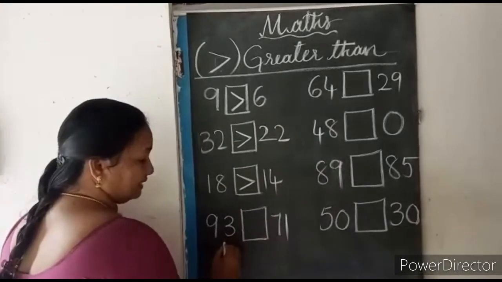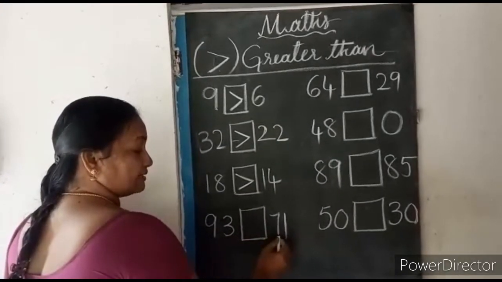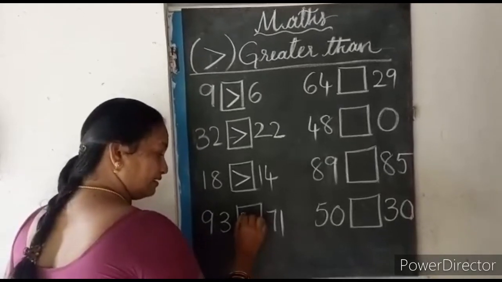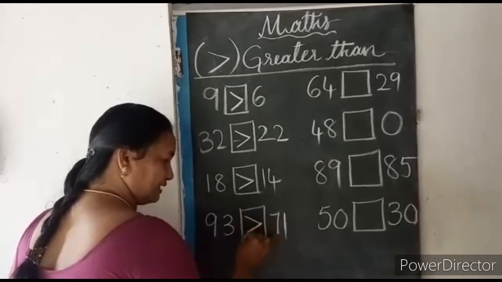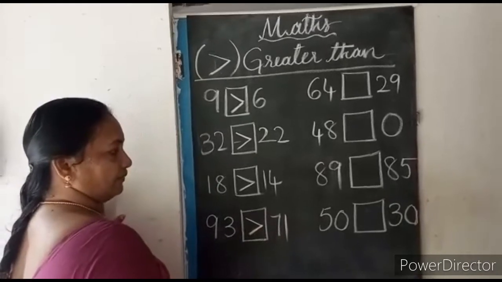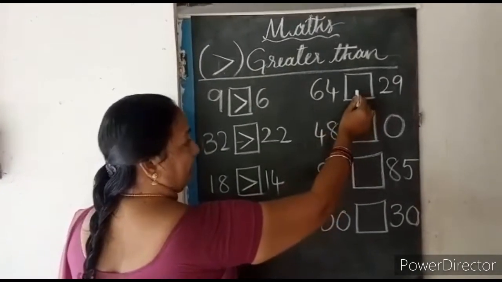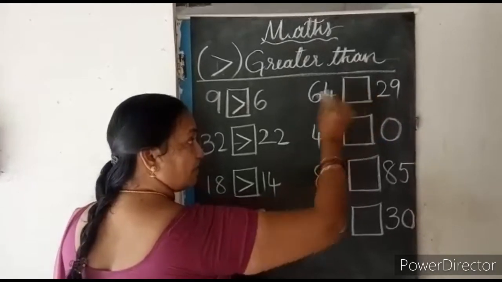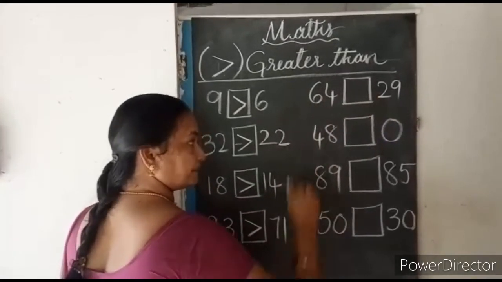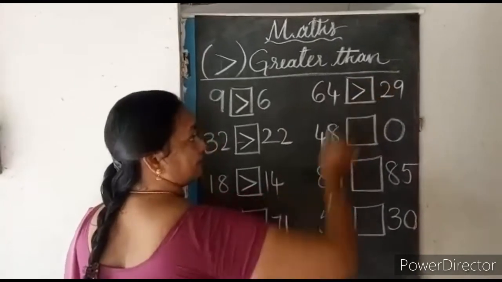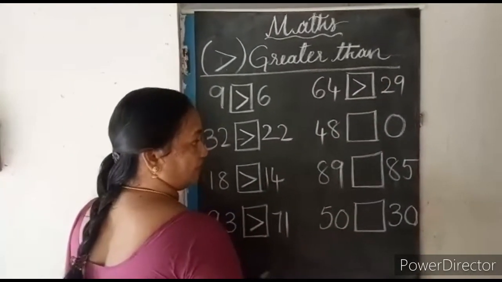Now, is 93 smaller than 71 or greater than 71? Greater than 71. Yes or no? The same way, is 64 greater than 29 or smaller than 29? It is greater than 29. Bigger number. Yes or no?